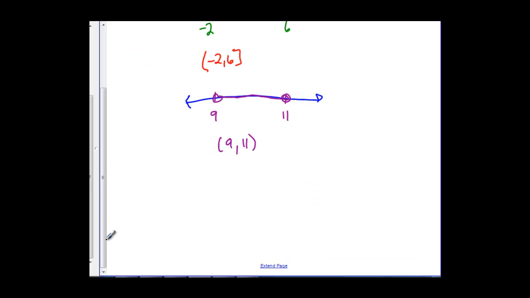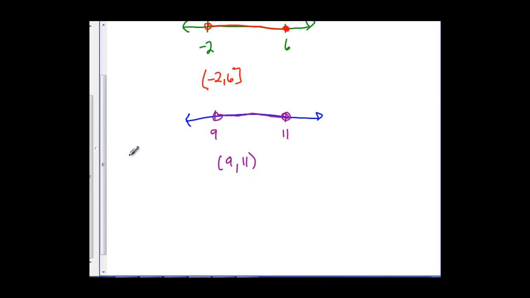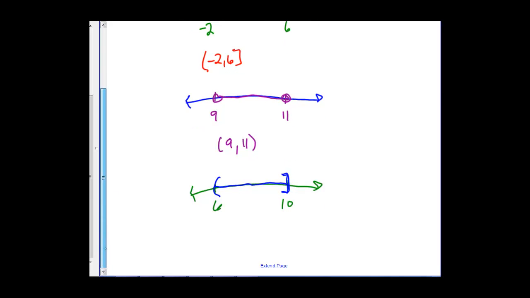Okay. Now let's start to make your work a little bit easier by making it a little bit more difficult temporarily. We are going to do away with the open circle and closed circle. So from now on, whenever you're graphing on a line graph, you're going to actually use your parenthesis or your bracket. So if we have something, so 6 to 10, and if I do parenthesis at 6 and bracket at 10, interval notation becomes super easy at that point, right?